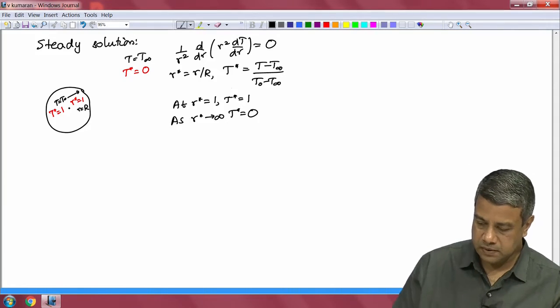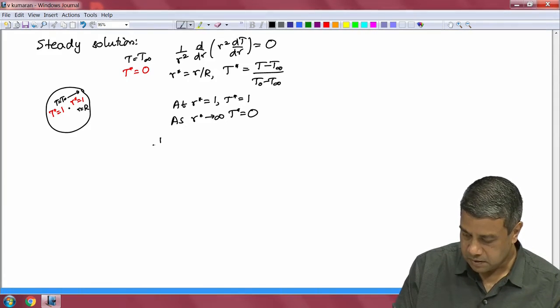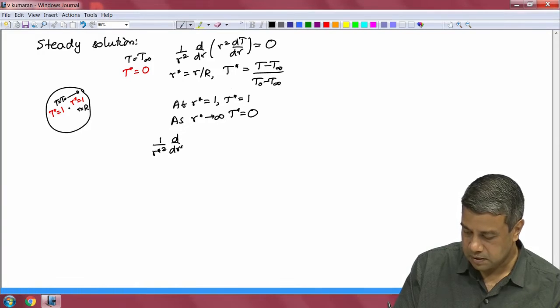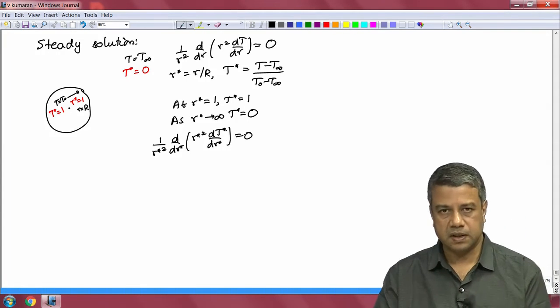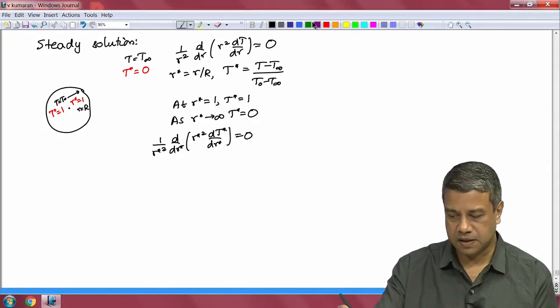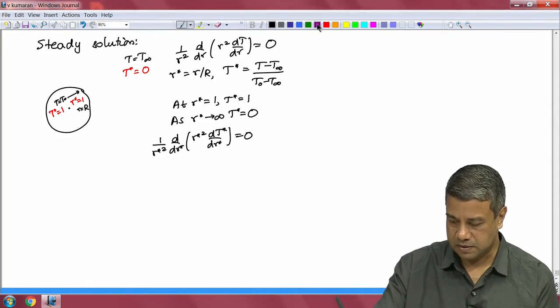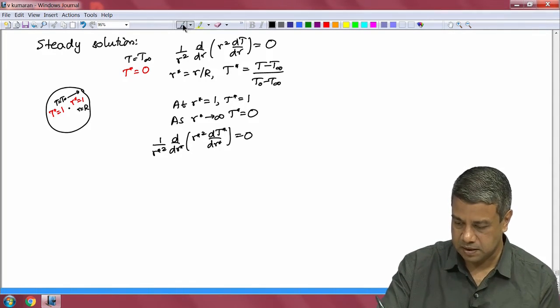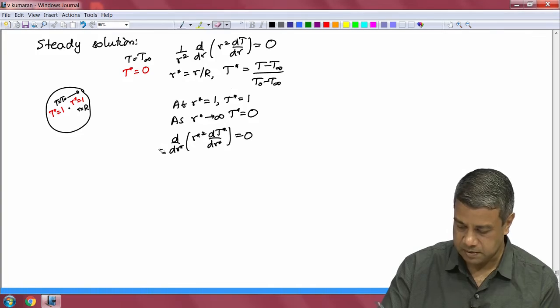And the differential equation becomes 1 by r star square d by dr star of r star square dT star by dr star is equal to 0. And I can integrate it one by one. So, I just multiply throughout by r square and this term will disappear.